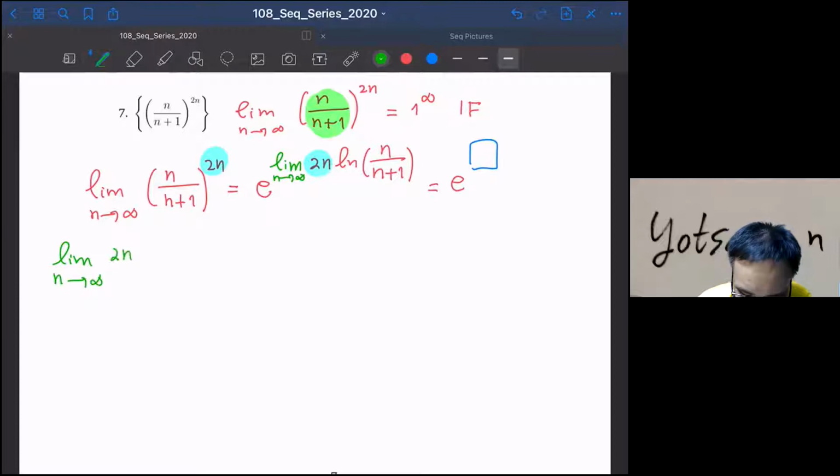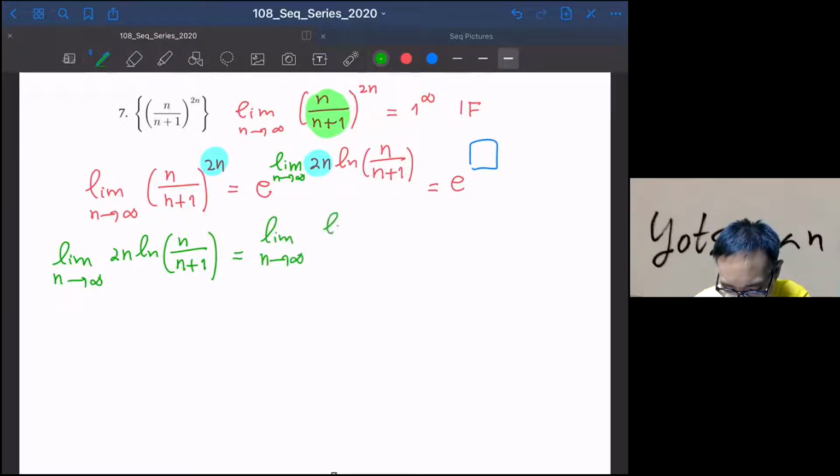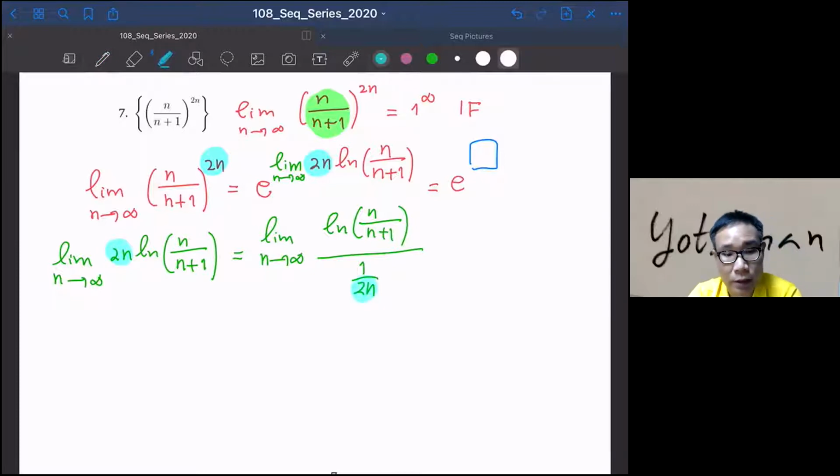So you have 2n log of n over n plus 1, and you find this limit by writing it as the limit as n goes to infinity of log of n over n plus 1, over 1 over 2n, by flipping the 2n down.